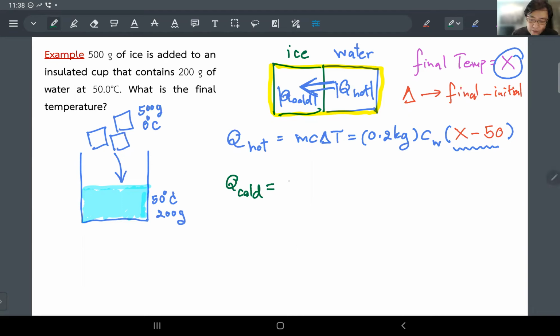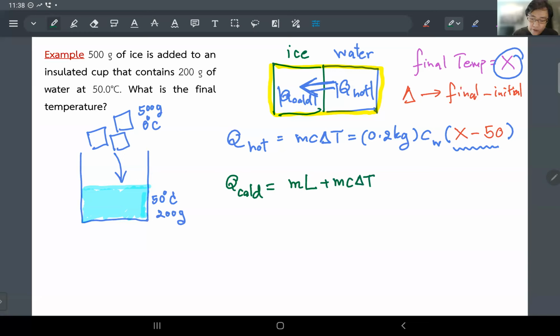So first step, you have to take the M and you melt them all first. It needs M times L amount of energy to melt this ice. Once all ice has been melted, then it starts to rise in temperature from 0 degrees Celsius all the way to X. So I'm going to have to add MC delta T for that. Okay, does that make sense to you now?